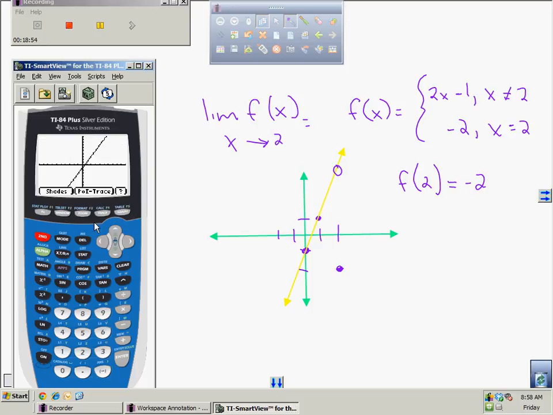Let's go second table. Okay? Let's go second table.